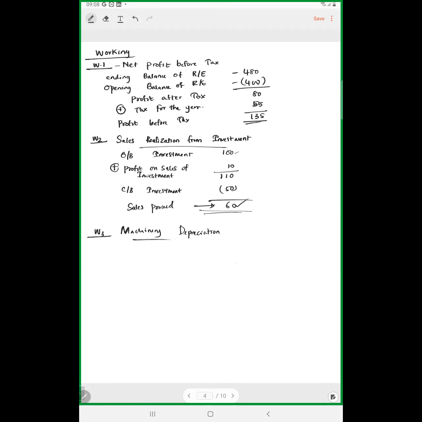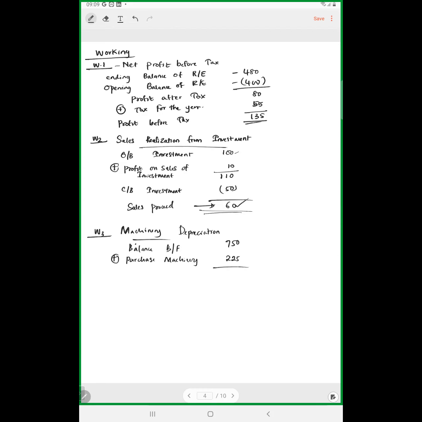Right? Then opening balance brought forward how much? 750, ne? So at the end of the year, the company has purchased machinery 225.